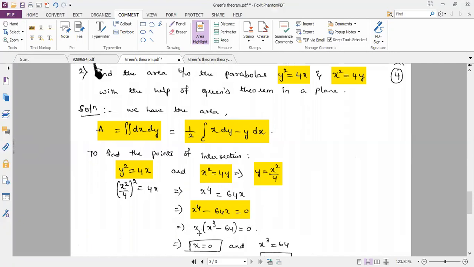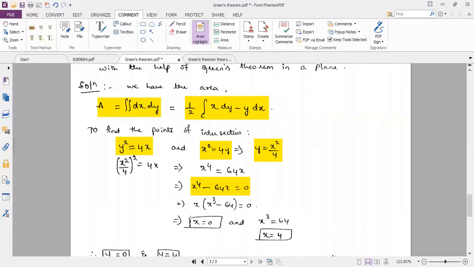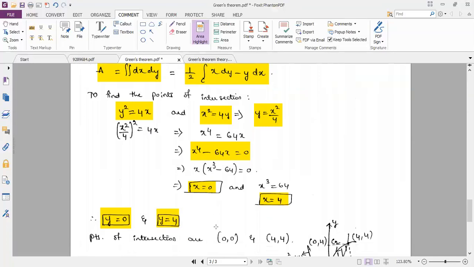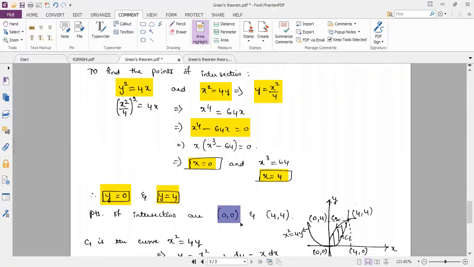Taking x common, we remain with x cube minus 64 is equal to 0. Solving for x, the values are 0 and 4. When we substitute in y square is equal to 4x, we get y values respectively as 0 and 4. So the points of intersection are (0, 0) and (4, 4).